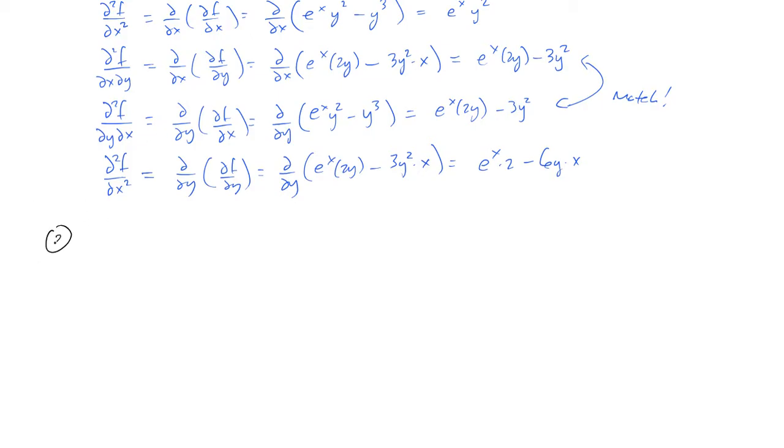So now we're going to look at this thing called quadratic approximation, and we'll first recall what linear approximation looks like in functions of two variables.